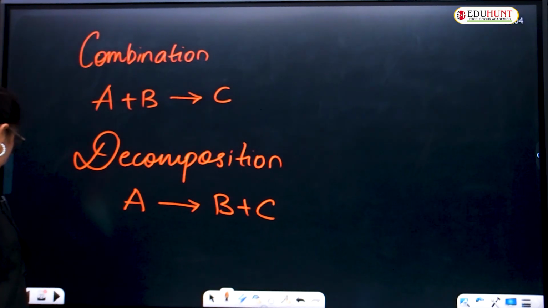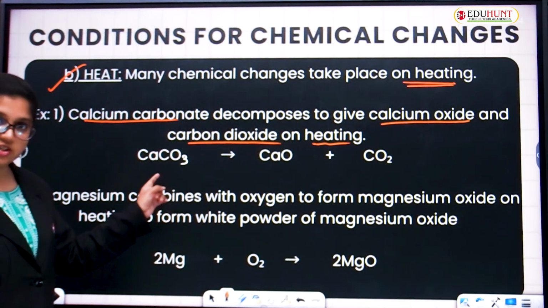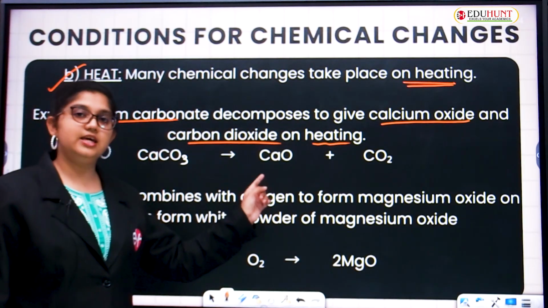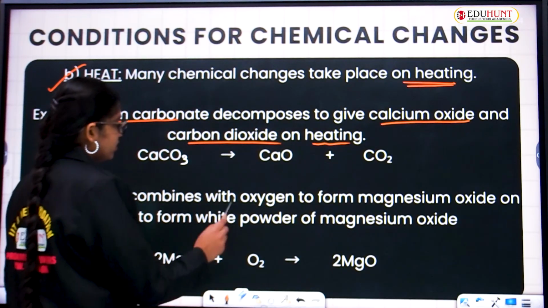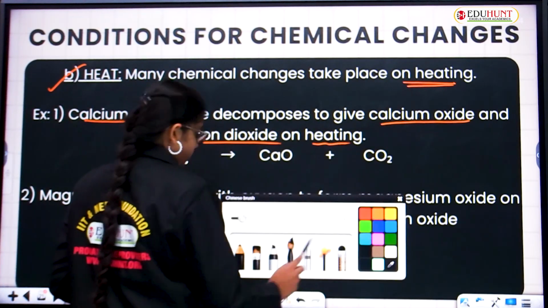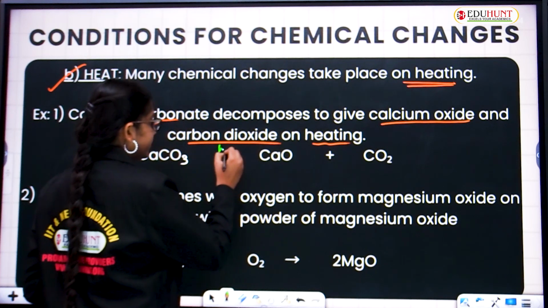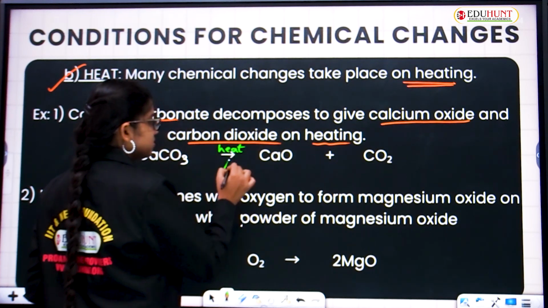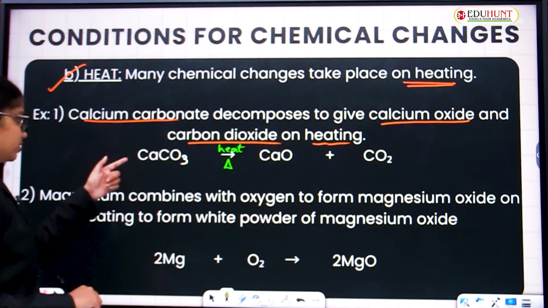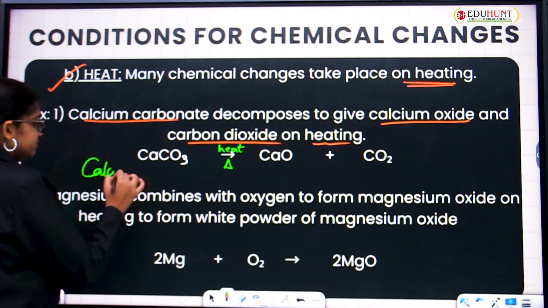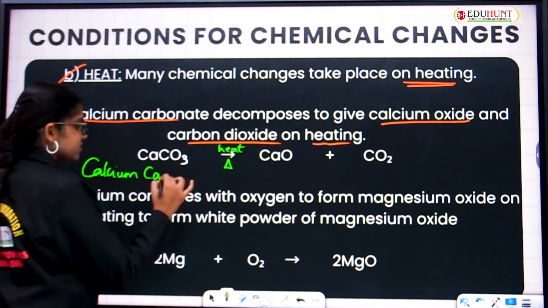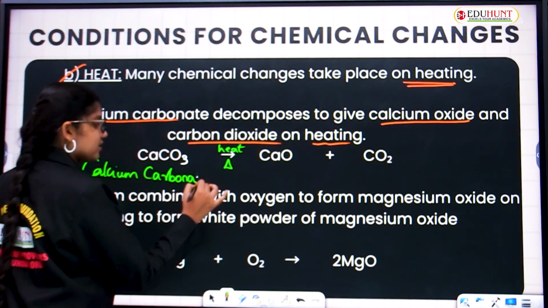So simply, if we see the equation here, we have calcium carbonate giving rise to CaO plus CO2 in the presence of heat. That is very important over here. I'll write it on the top: the presence of heat. The symbol for heat is a triangle. Very good. CaCO3 is nothing but calcium carbonate.